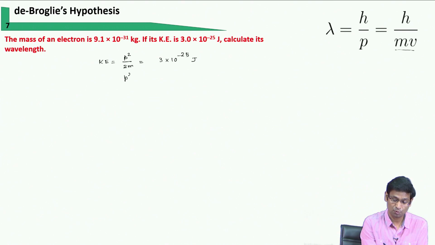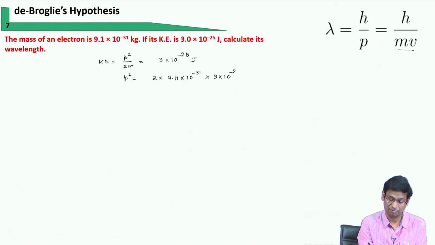Therefore, p squared is 2 into the mass of the electron, 9.11 into 10 to the power minus 31 kilogram, multiplied by 3 into 10 to the power minus 25 joule.